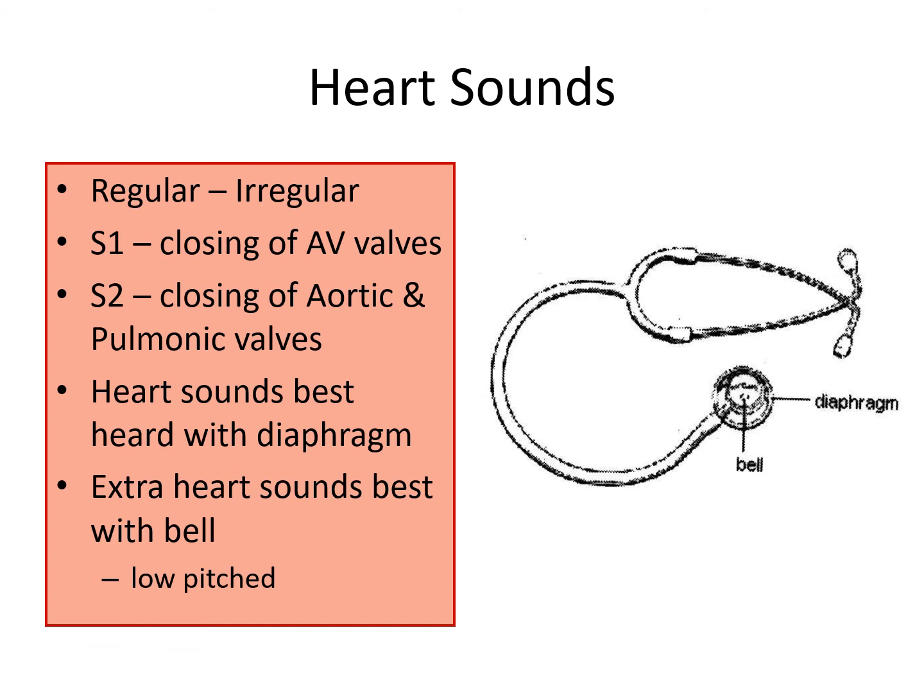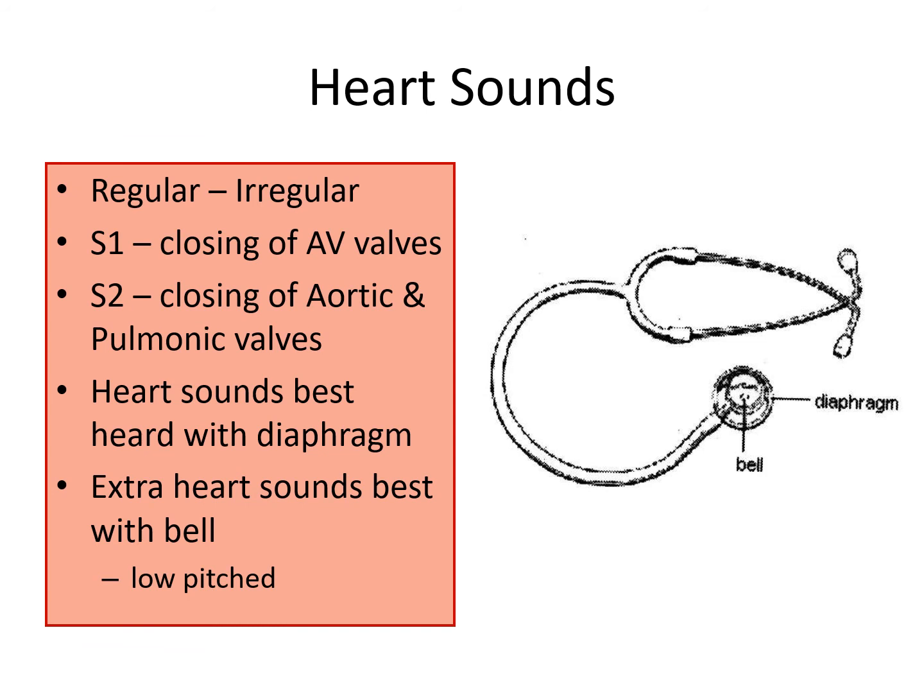The first sound, the lub that you hear, results from the closing of the atrioventricular valves. The second sound, dub, S2, occurs because of the closing of the aortic and pulmonic valves. These heart sounds, S1 and S2, are best heard with the diaphragm of your stethoscope.